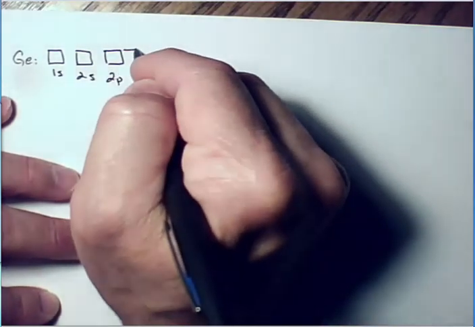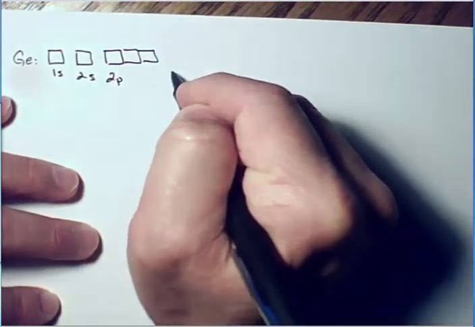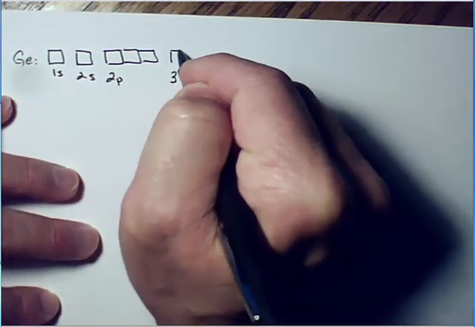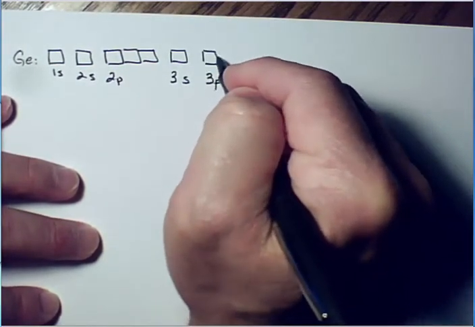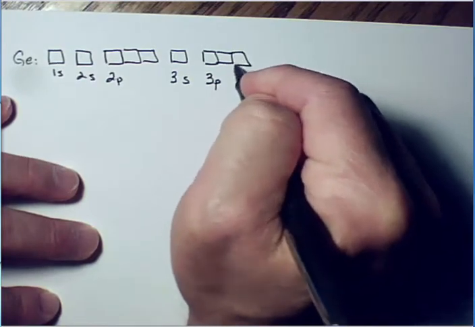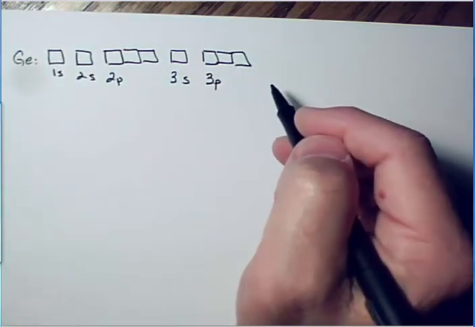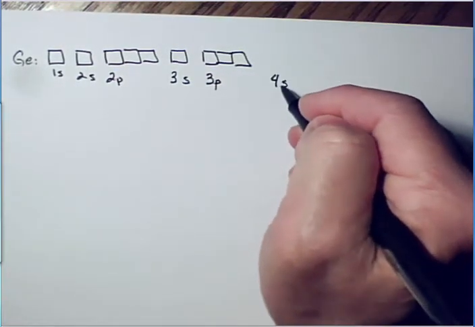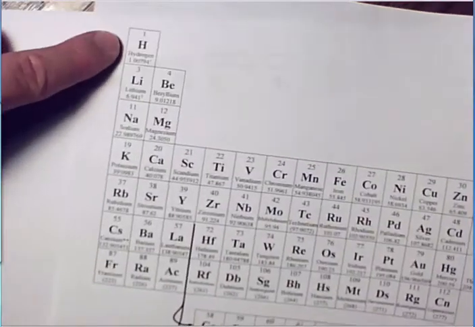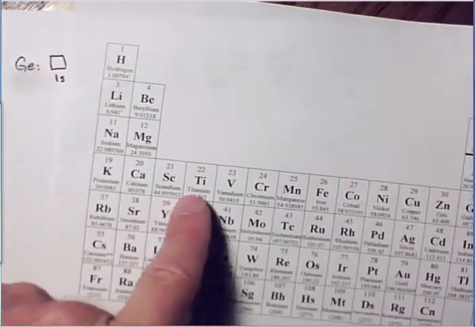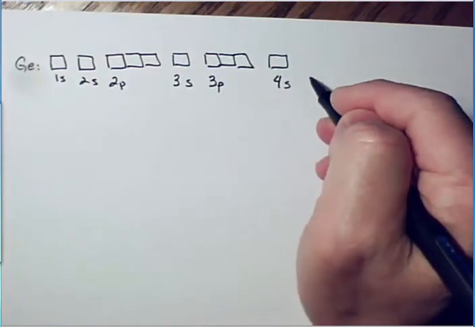Okay. 2p, there's 3 orbitals in 2p. 3s. 3p. Thank you. There's 3p. Then 4s. And after 4s, the fourth, 1, 2, 3, fourth row, we're going to get into the 3D sublevel.